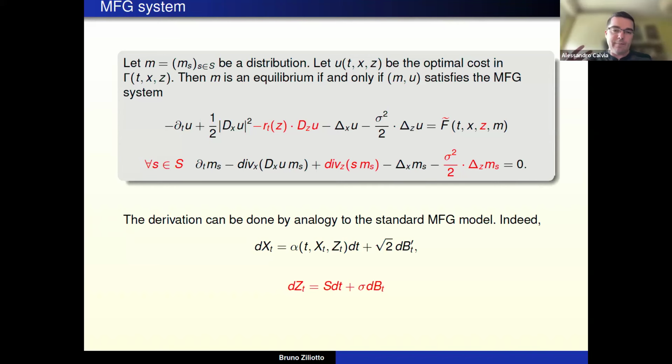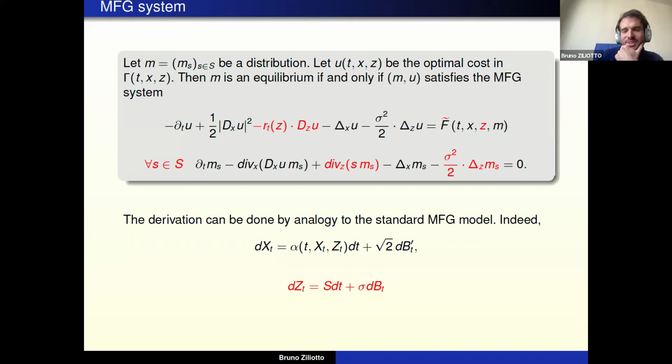Have you thought about this, and what may be the difficulties in dealing with the existence of an equilibrium treating this kind of more general situation compared with the case that you treated here?